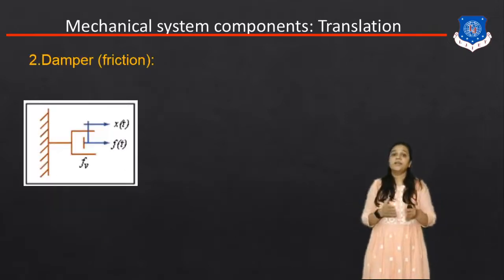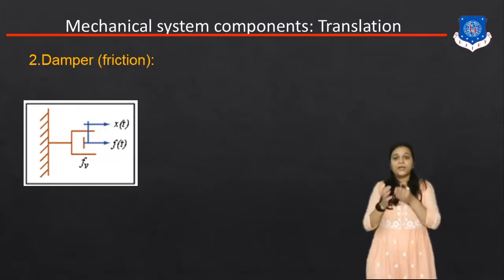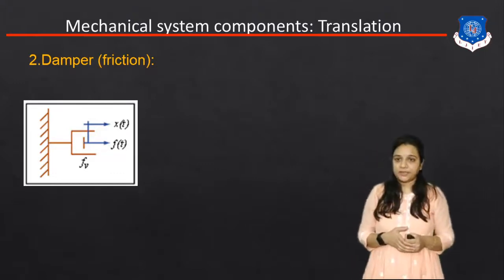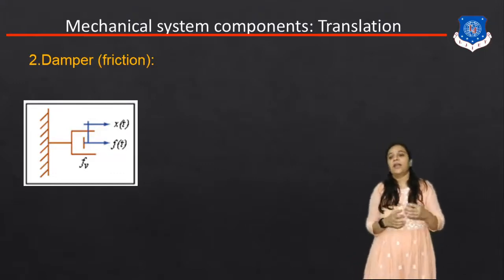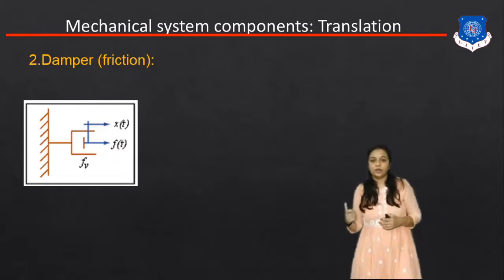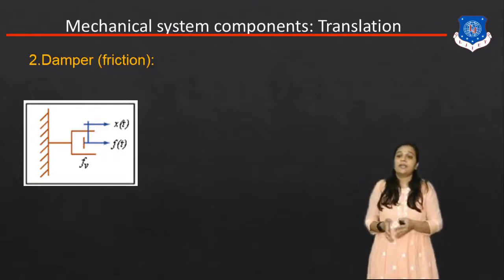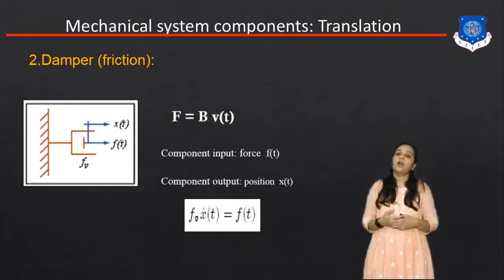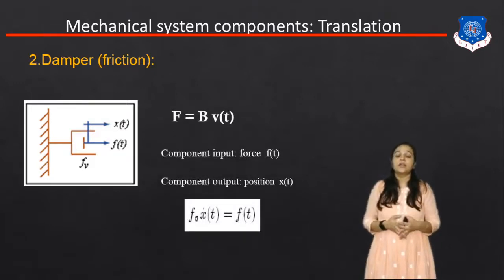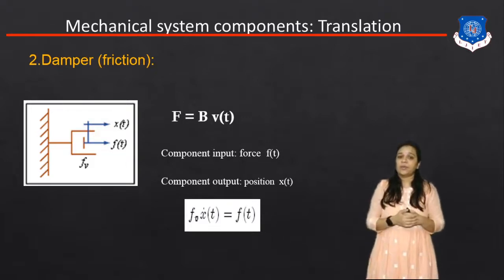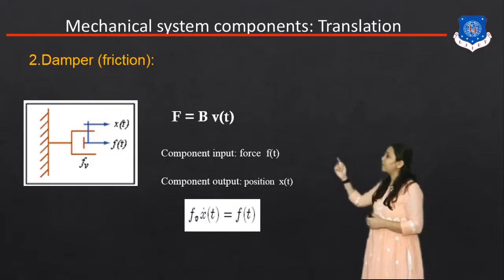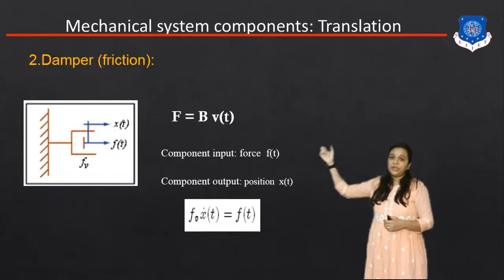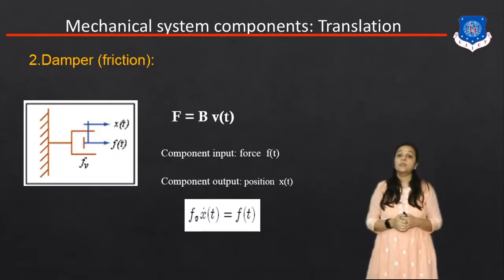The next one is the damper. Damper is also known as friction. If we apply force to this particular object or body, friction is generated. The equation of friction with respect to force is F = v × V(t), where friction is denoted as v.